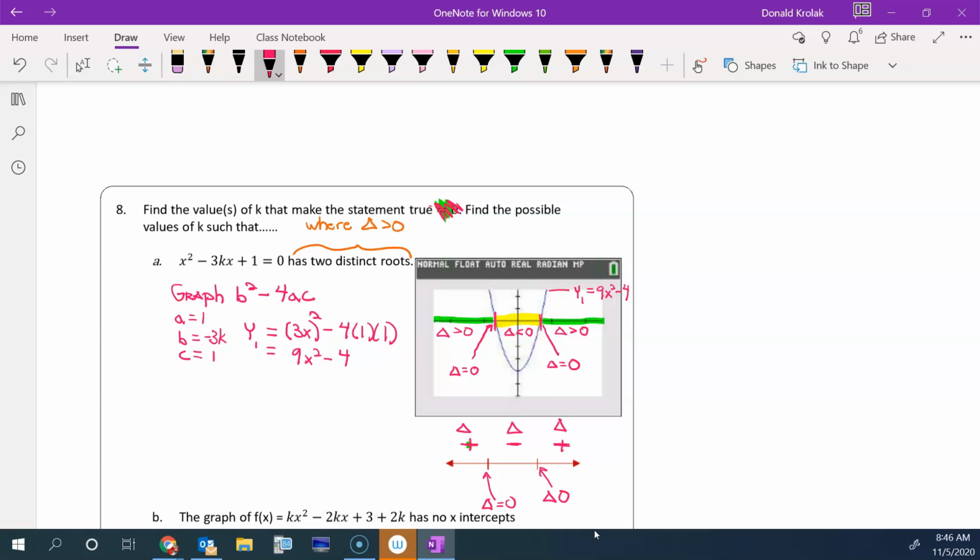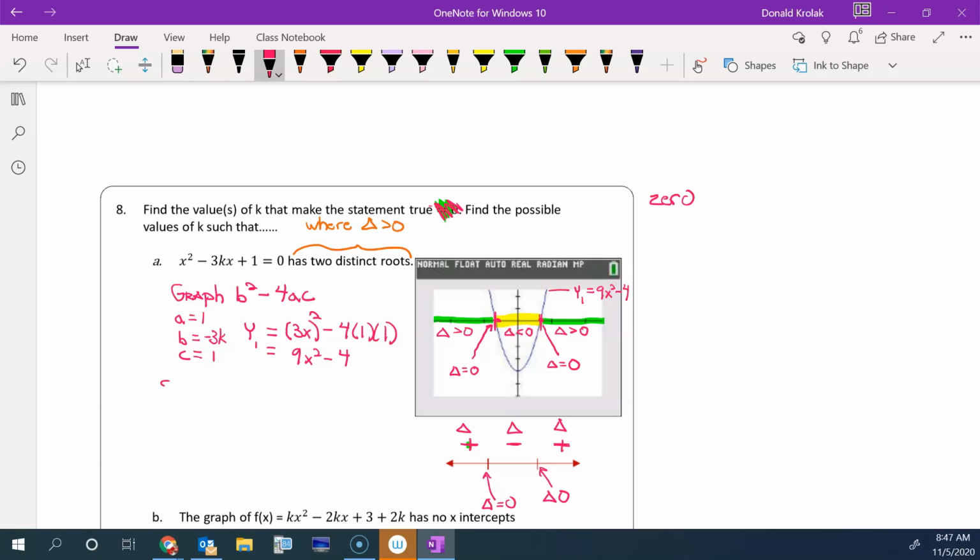Now you can do this. We could type this into our calculator and use the zero function and find out what these two numbers are. Another way of finding where those two numbers are is to just solve this equation.